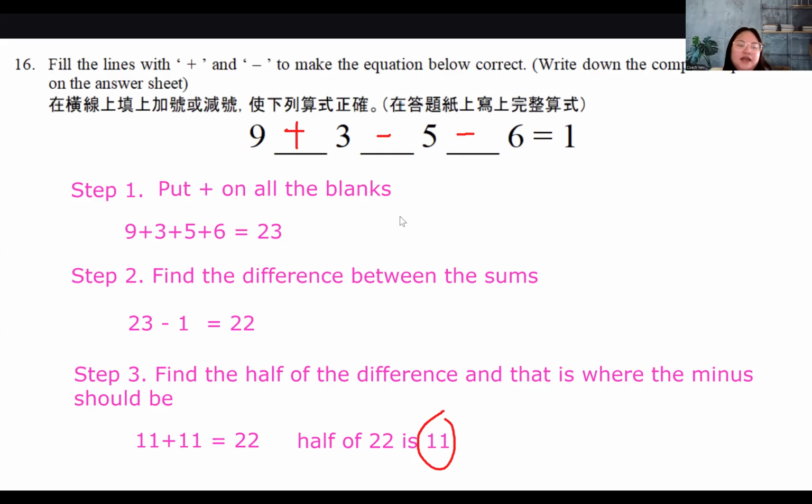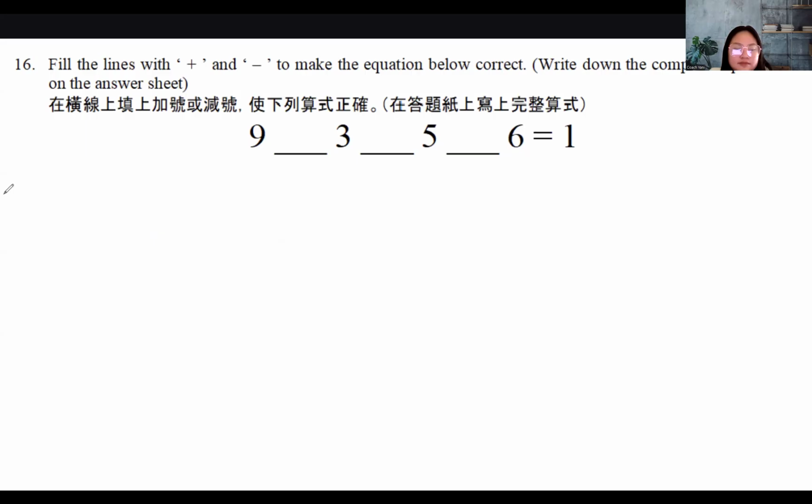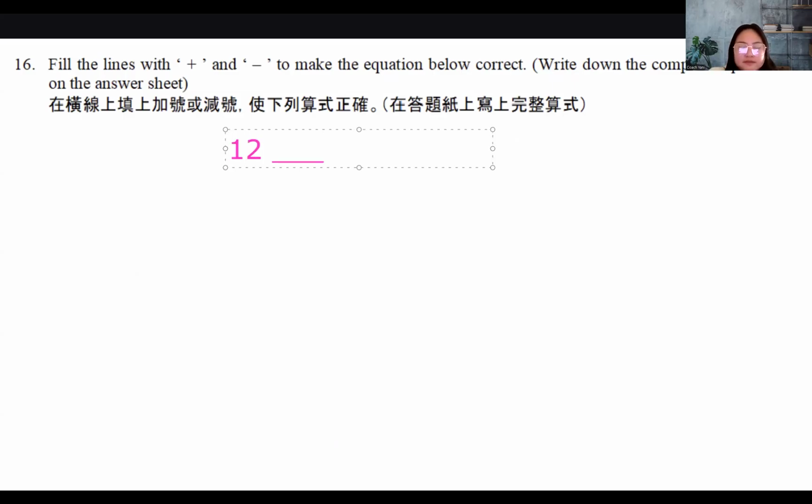Okay. Let's try if you can do it by yourself. We have 12, 8, 4, 6, 7.